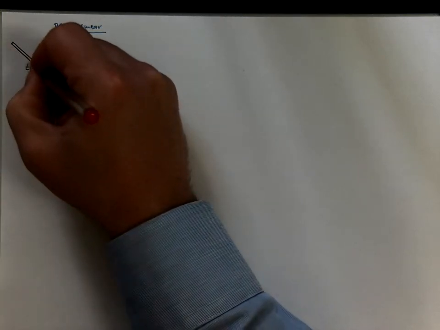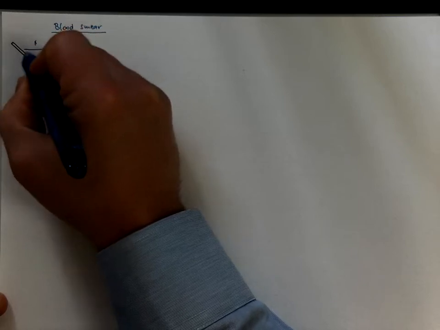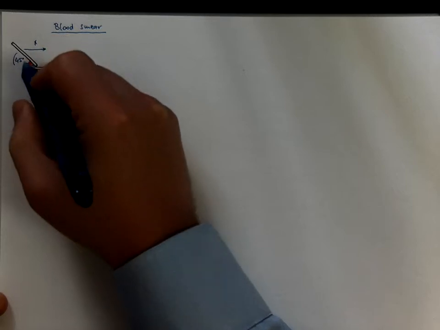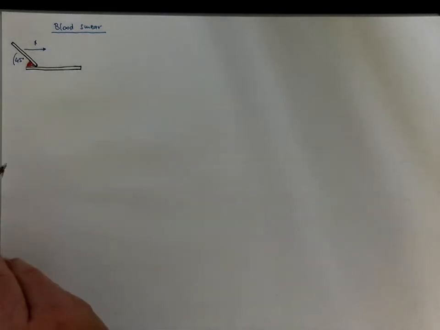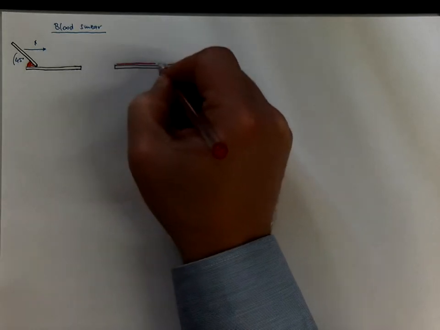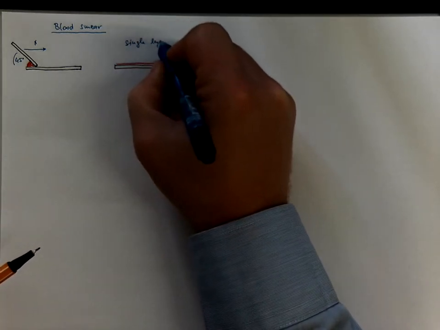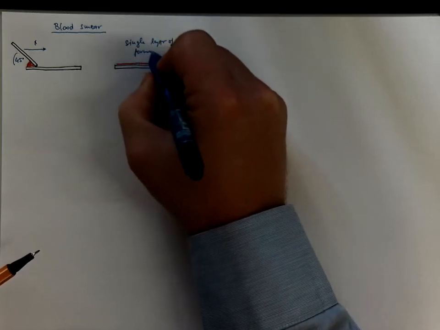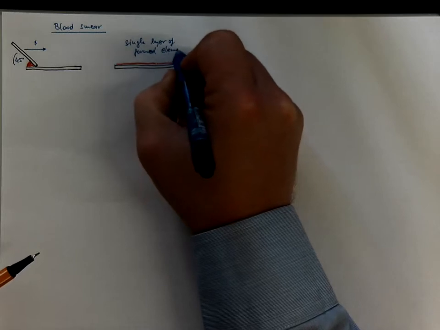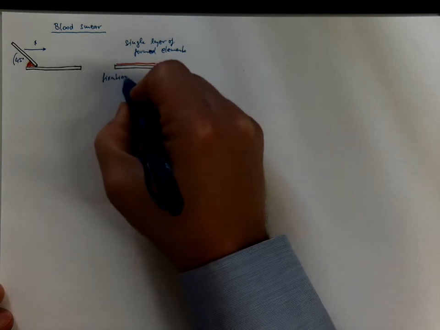So due to the capillarity, there will be a meniscus here, and by simply sliding the slide forward, approximately under this angle, you will produce preferably a single layer of blood elements. And that needs to be fixed and stained.